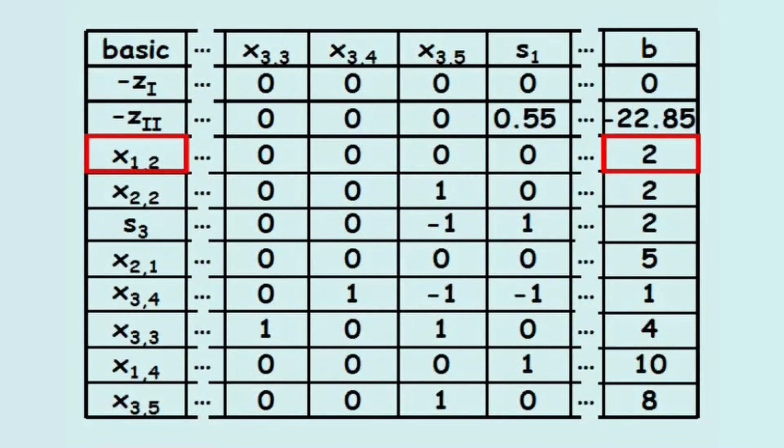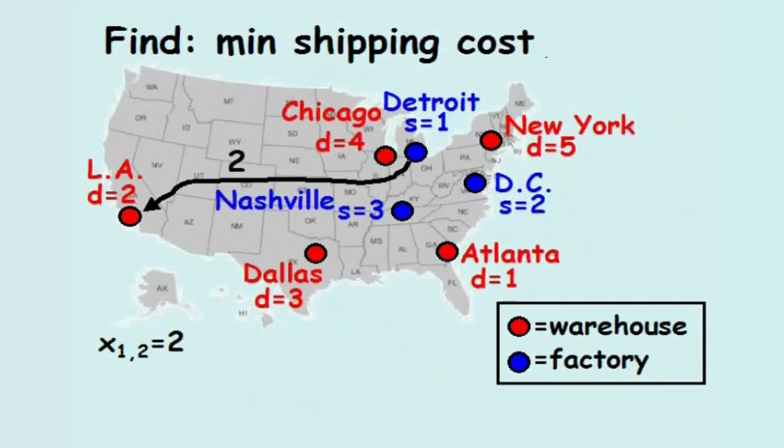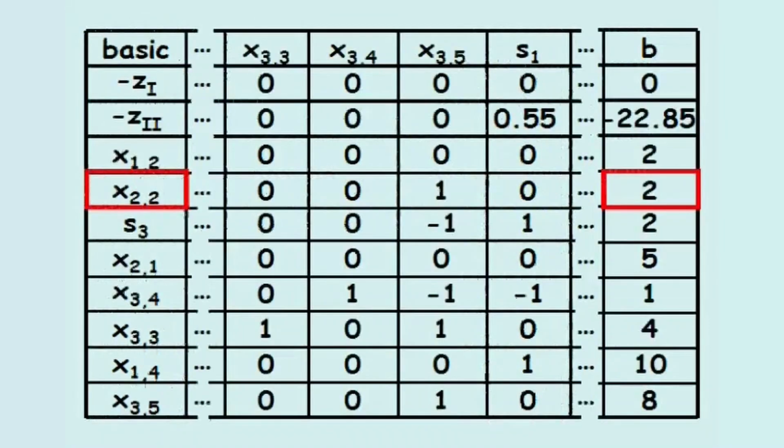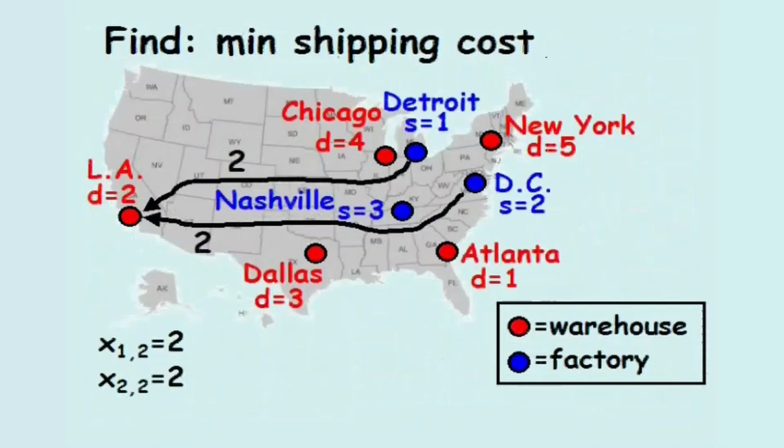This means 200,000 cases of materials are shipped from Factory 1, which is Detroit, to Warehouse 2, which is Los Angeles. Similarly, X22 equals 2. This means 200,000 cases are shipped from Factory 2, which is Washington, D.C., to Warehouse 2, which is again Los Angeles.